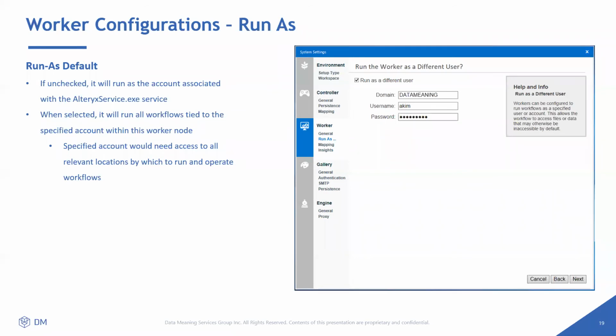If you specify a user here, that means any workflow ran on the server is going to use the credentials provided here to try and run and access any location. Keep in mind, there are ways to change that even at a workflow level, and I'll touch on that a lot more in the next 2 sessions.